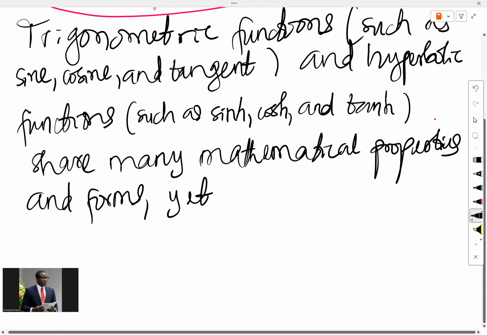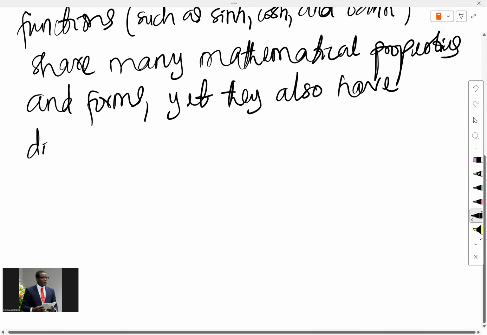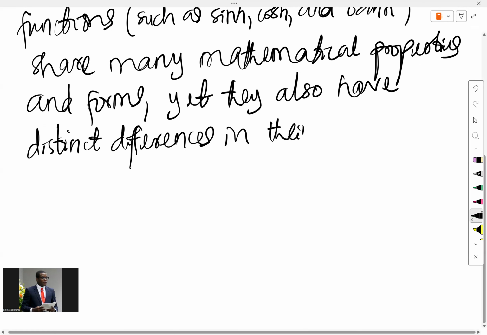Yet they also have distinct differences in their nature and applications.